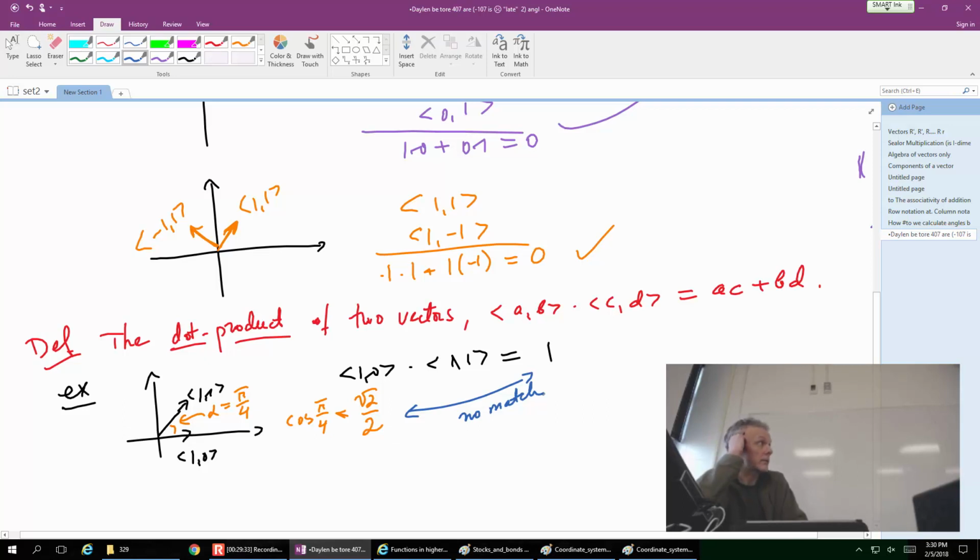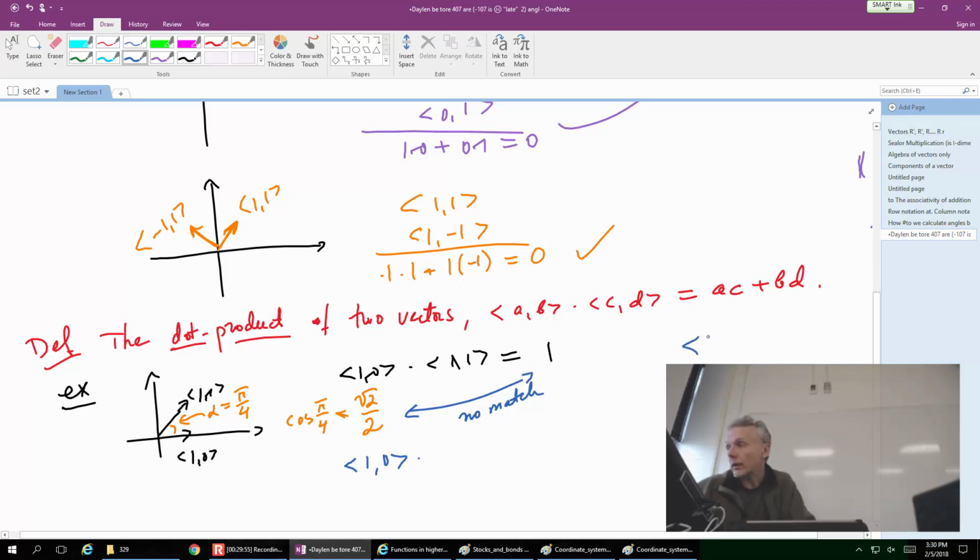So I have to multiply, not the two vectors, but do the dot product of their normalizations. In other words, it only works when you're talking about unit vectors. The first one is a unit vector, but the second one is not.